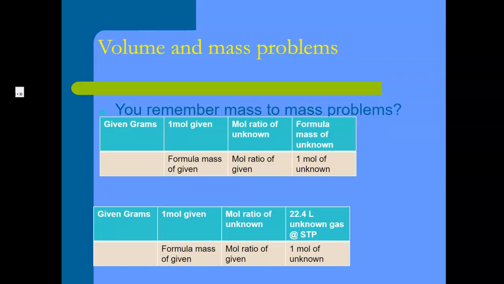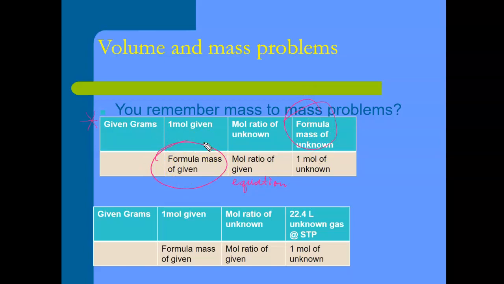Well, what about if we have a chemical reaction going on? And we always have chemical reactions going on, and we already learned that we can be given some grams and solve for grams of something else in a chemical reaction using that equation, using a mole ratio and using our formula masses of the given and the unknown to be able to convert.